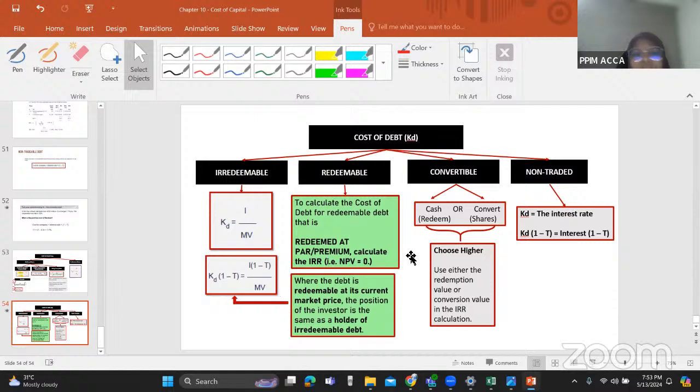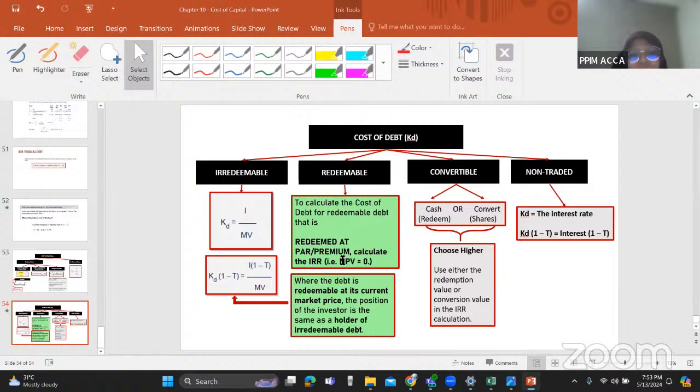Then there is another type of debt called redeemable debt. Here, maybe for 5 years I will pay interest, and in the 5th year I will pay interest as well as repay the entire principal amount. So it's redeemable. Suppose you redeem at par or at a premium. At par means I'm redeeming it at $100. When it comes to debt instruments, we believe that the nominal value is going to be $100.